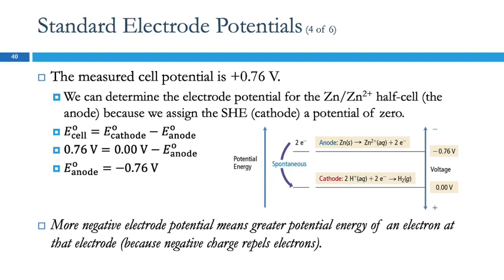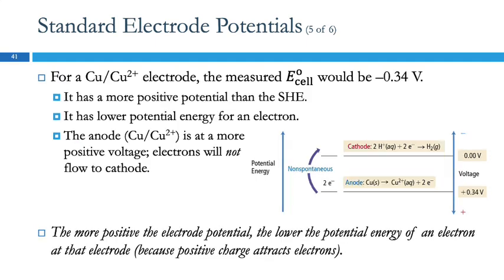And so really you've got a competition between the potentials at the two electrodes. And the electrons are going to flow to whichever one is more positive. For the copper ion electrode, if we measure the cell potential versus the SHE, it'd be positive 0.34.